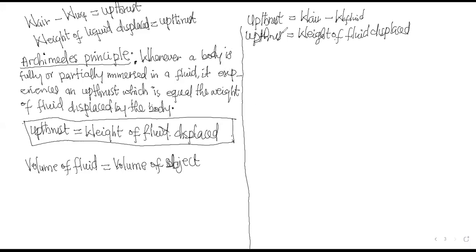What it means is that we can always equate this to this because they are all upthrust. Real weight in air minus weight in liquid is equal to weight of liquid displaced. And we are equating them because they are all upthrust.